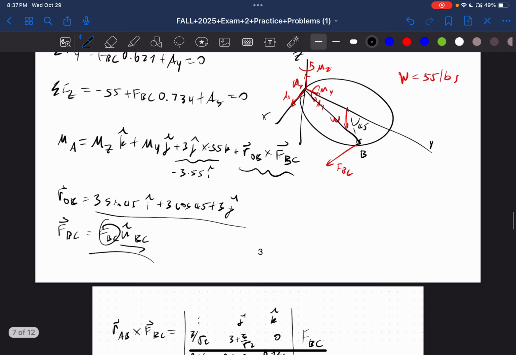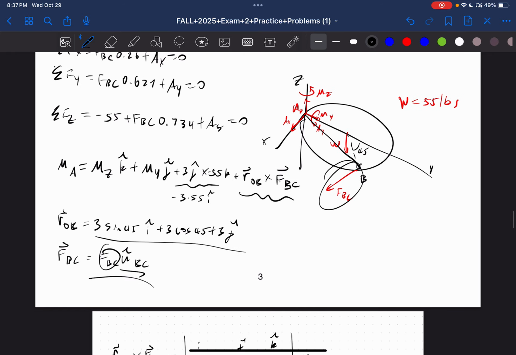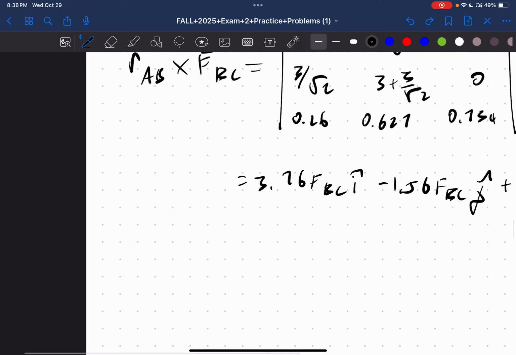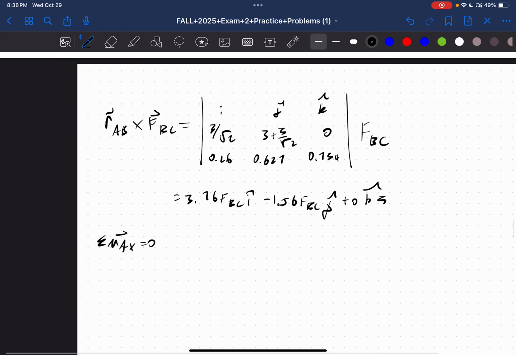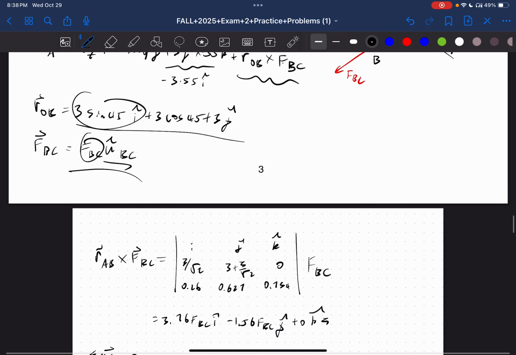So what did we just find? We just found this moment here caused by this. If we collect every single term, like the sum of the moments in A in the x direction, this is equal to 0. So we can put all the moments in the x direction equal to this.